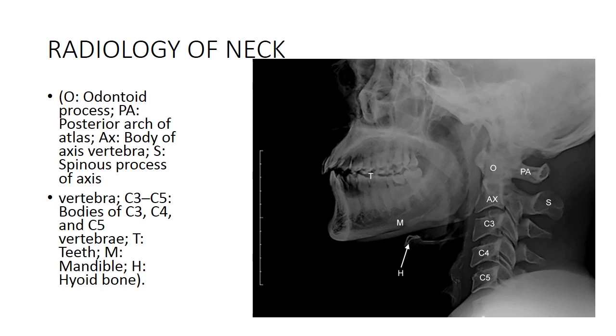Then we have the bodies of C3, C4 and C5, which we can see here. This is the mandible. This is your hyoid bone, and we have the teeth area. So this is how we see the lateral view of your neck.